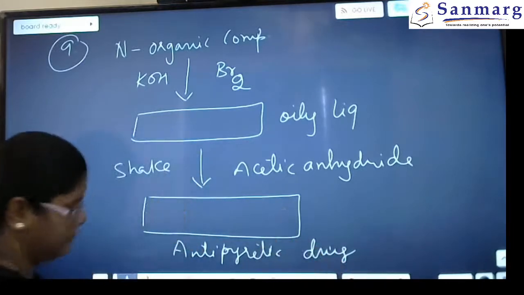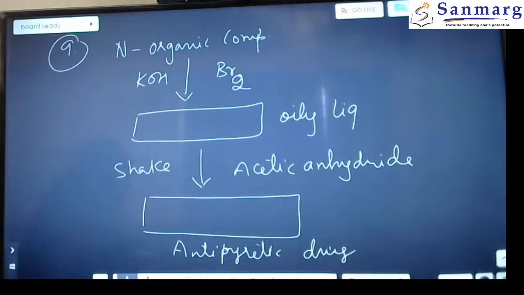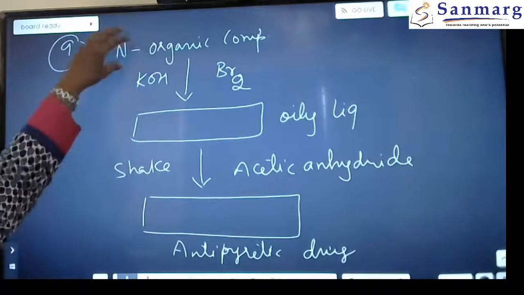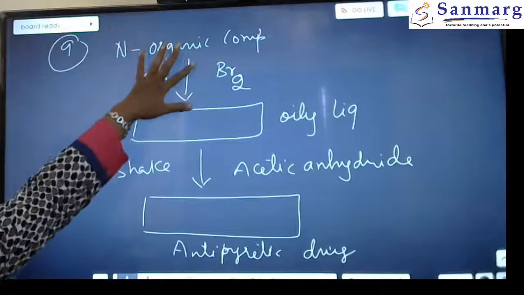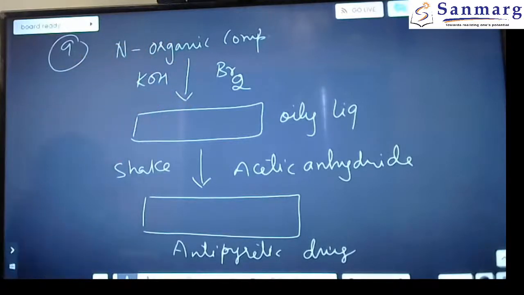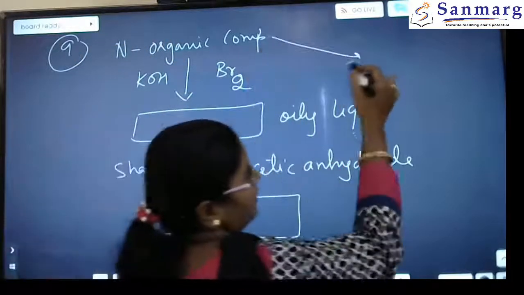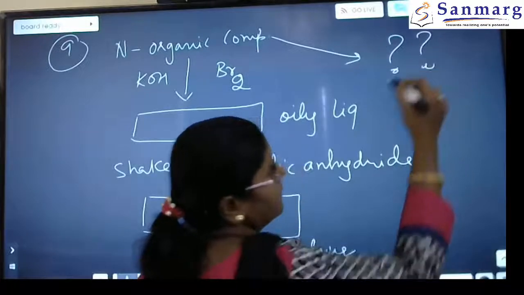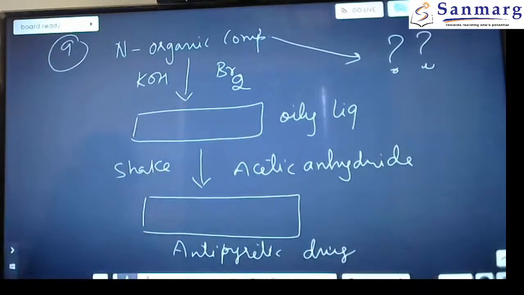Okay, this is the question. The question is, the reaction indicates that the compound is. First, what is this nitrogen containing organic compound? The options are aniline, benzamide, acetamide, nitrobenzene.